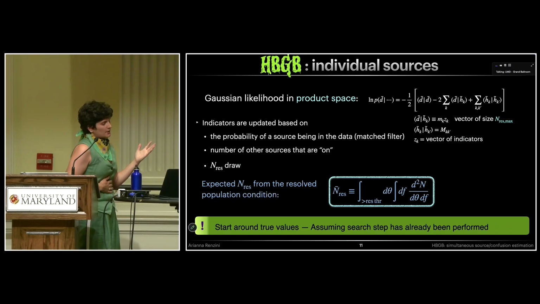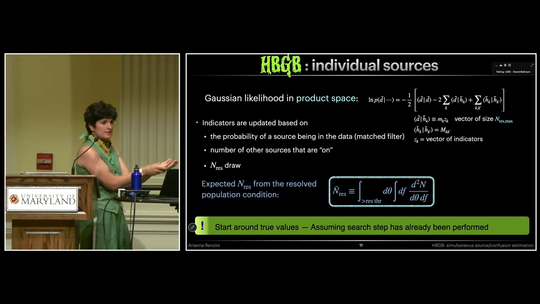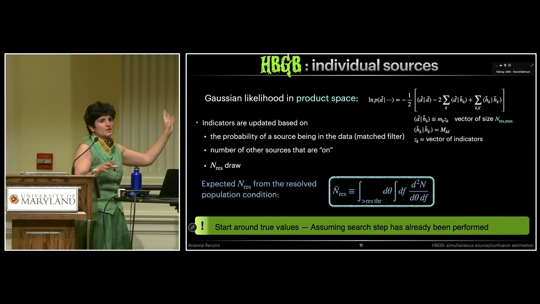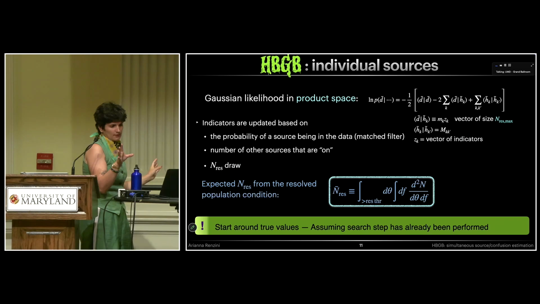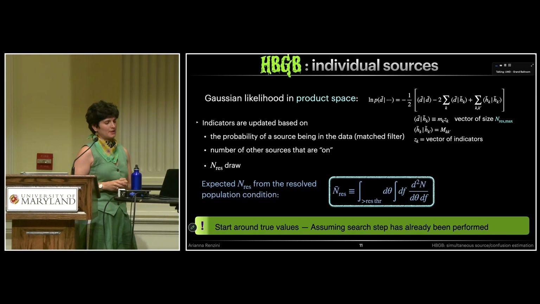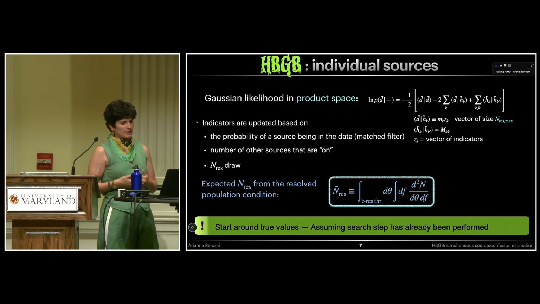And the indicators are updated based upon, first of all, the probability of a source being in the data through the matched filter. So this is just whether the parameters of the source make sense. Does this match the data at all? But it also depends on population relevant quantities. So for example, how many other sources are on in the data at that given time?